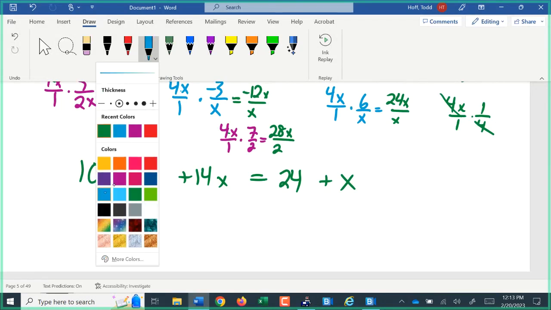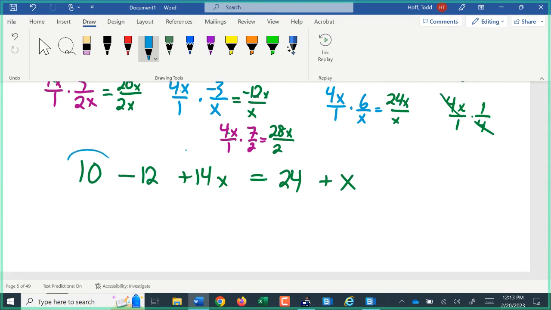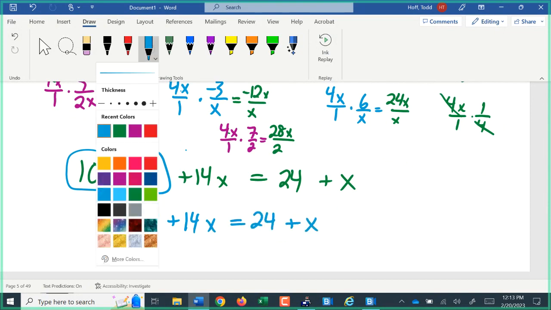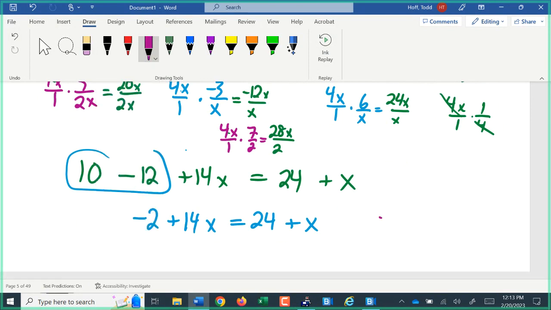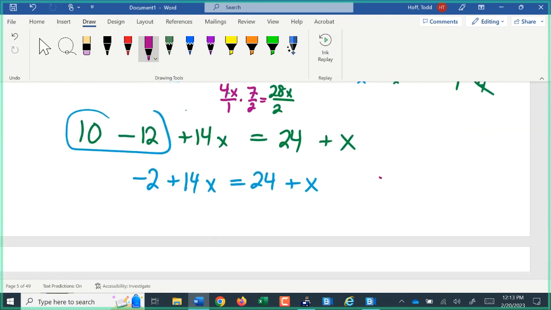We can combine on either side. On the left side, 10 and negative 12 make negative 2 plus the 14x. Right side, there's nothing to combine. Next, we need to make sure that the variables are on one side. Well, it's on both sides, so I'm going to subtract the smaller one, which is just the x. This is negative 2. 14x minus x is 13x.